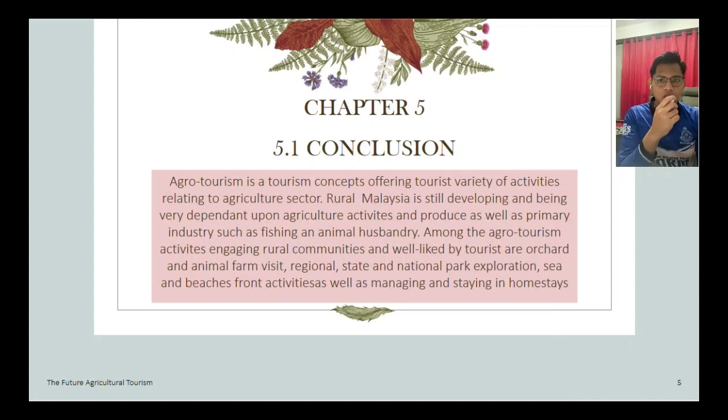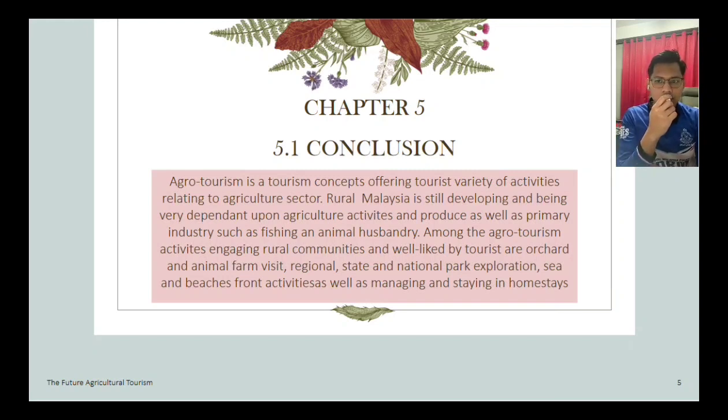In Malaysia, tourism planning involves a three-tier form of government administration, starting from federal to state and finally the local authorities. Various governmental agencies are responsible for the development and promotion of the agritourism industry.